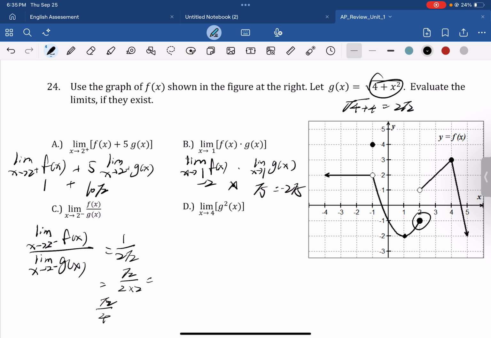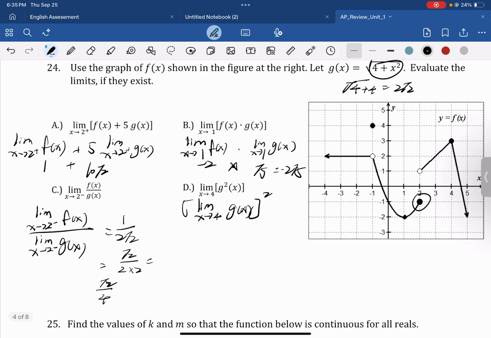Alright, the last one. The limit as x approaches 4 of g squared of x. For this one, we can rewrite the limit as the limit as x approaches 4 of g of x, in brackets, squared.